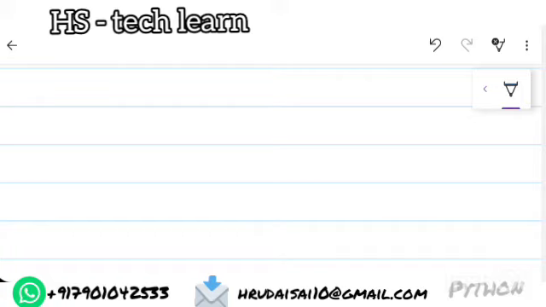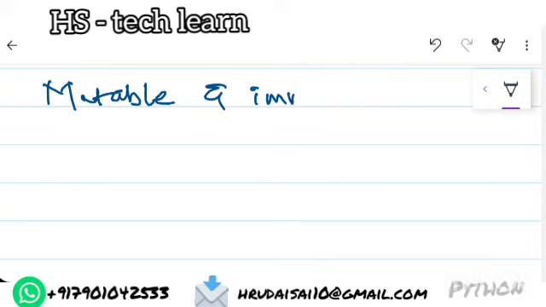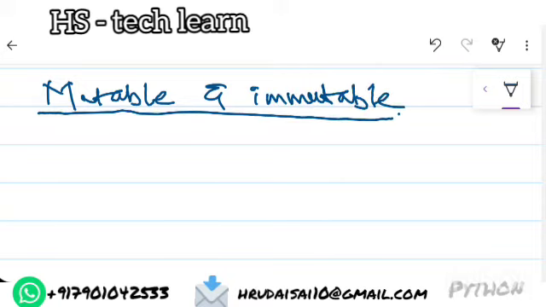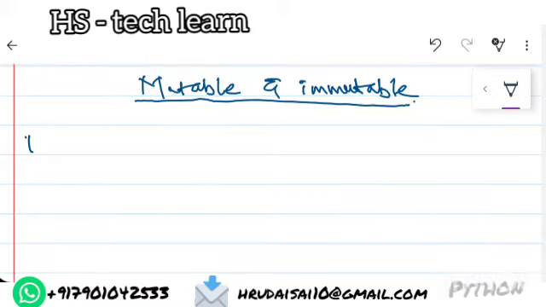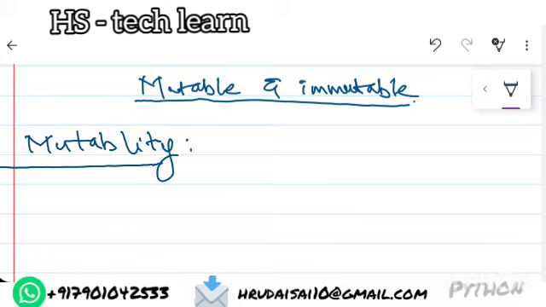Okay, the next important concept is mutable and immutable types. This is the most important concept, mutability. So what is mutability?